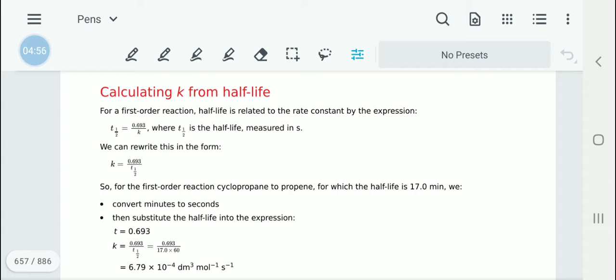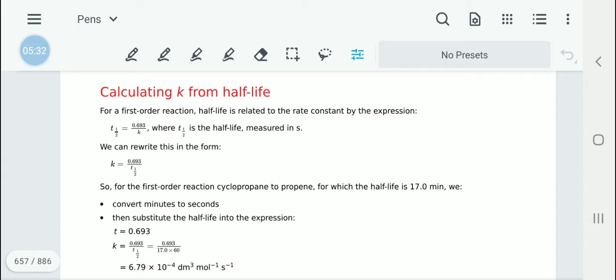So if you take the first order reaction of cyclopropane to propene, the half-life is 17 minutes. We saw that in the earlier graph. So first we have to convert minutes to seconds, then substitute the values. We know that k is equal to 0.693 upon t half.